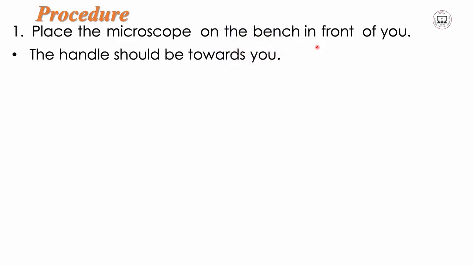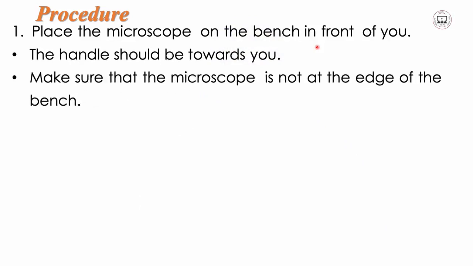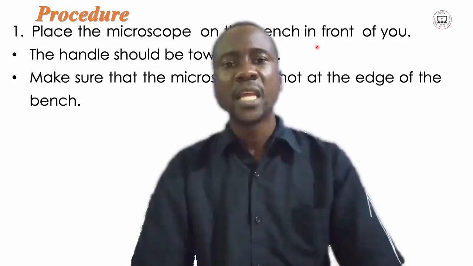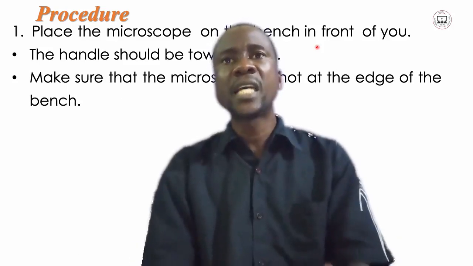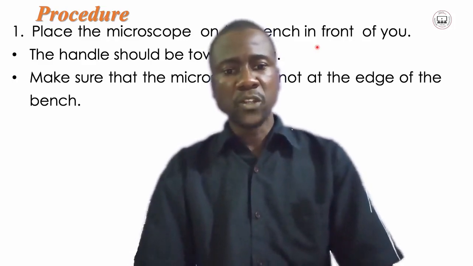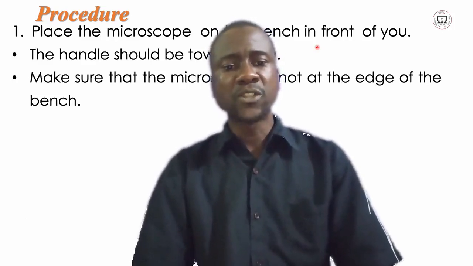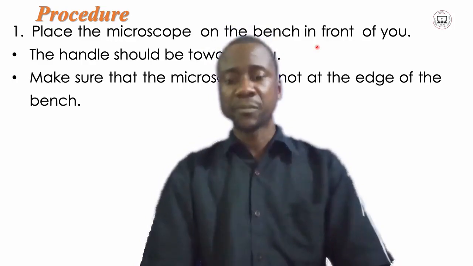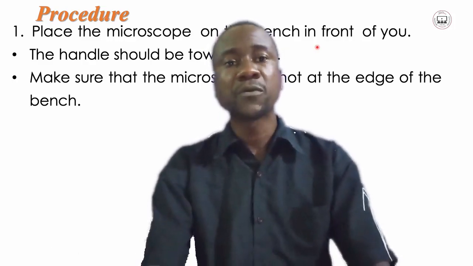Make sure that the microscope is not at the edge of the bench. Make sure you put that microscope at least at the middle part of that bench. Putting the microscope along the edge of the bench might make it fall down.